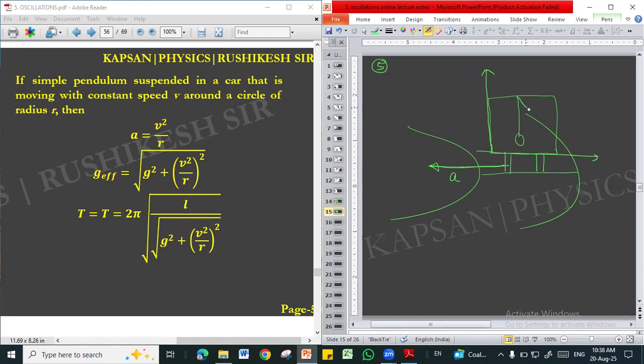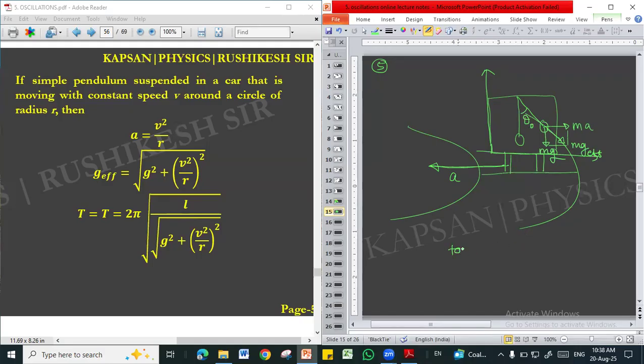Because of that, our pendulum will be oriented like this. Now there will be its own weight mg acting vertically down and this pseudo force ma, and because of these two you will have a resultant force m into G effective.